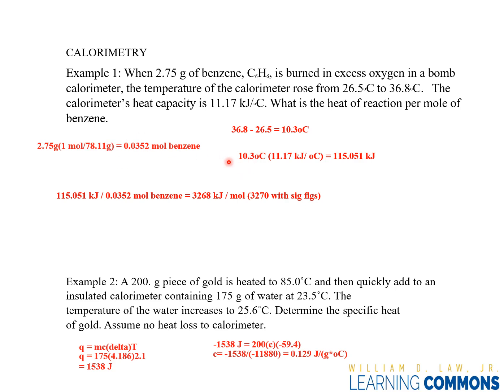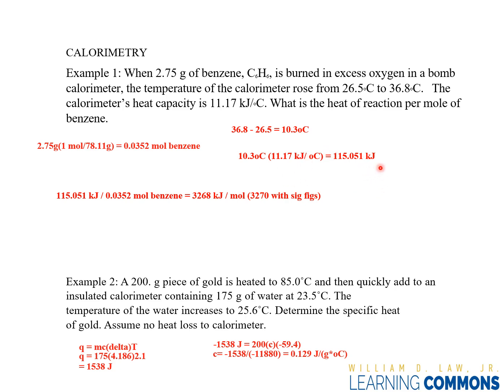The delta T, the difference between the final and the initial temperature, we multiply by the heat capacity and we get this number, in kilojoules, and this is the heat released.